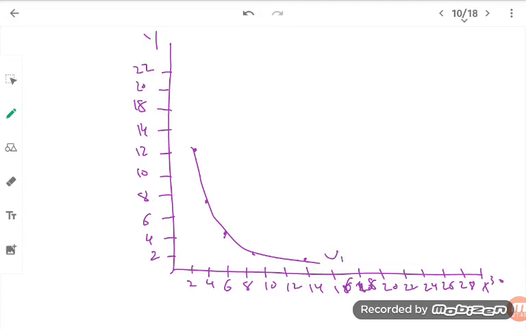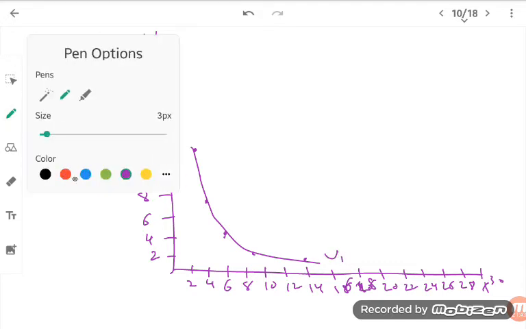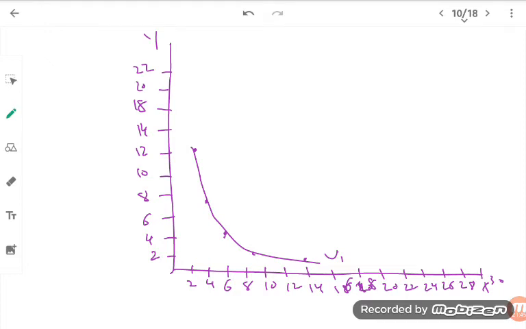This is U1. Number 2: 6 and 12, 7 and 9, 9 and 6, 12 and 4, and finally 15 and 3. And this is line number 2.